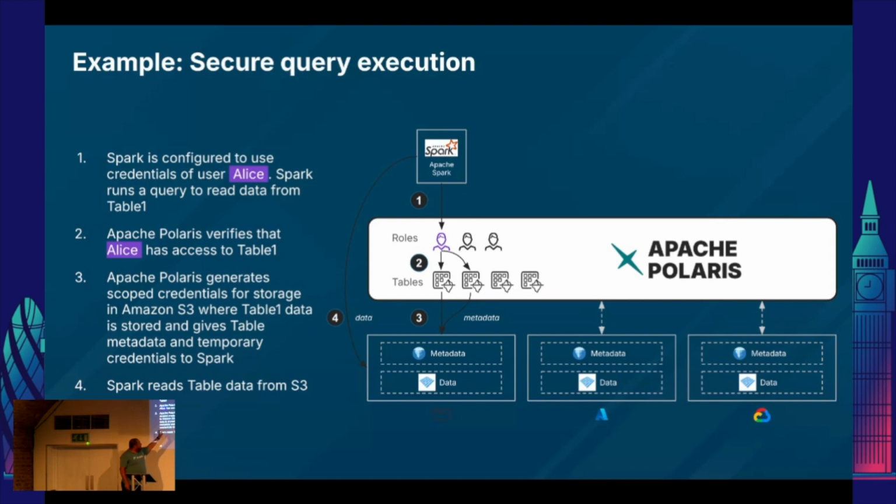What Polaris is going to do is first, using the metadata, check if Alice is able to access this table, yes or no. And if yes, then it goes to the S3 credentials. So we can also have credential vending between Polaris and AWS. Then we read the table directly from Spark, and it returns the content of the table. That's the kind of use case you can implement using Polaris.